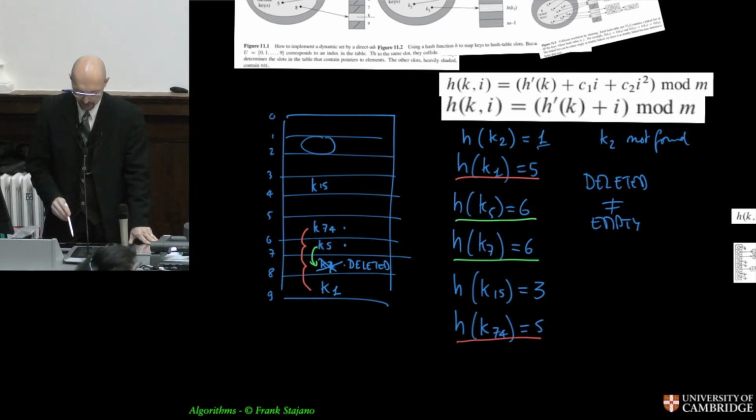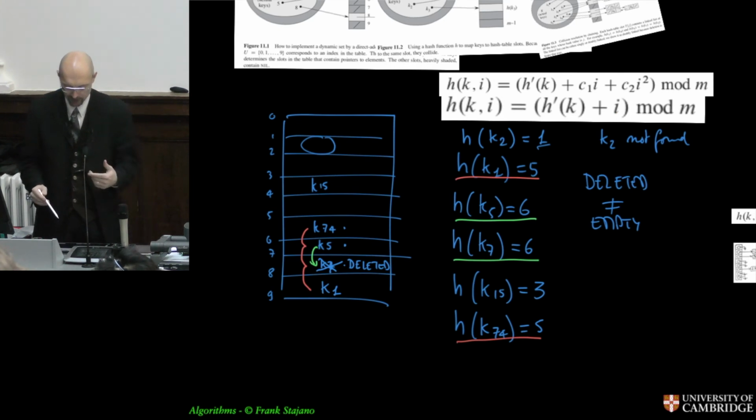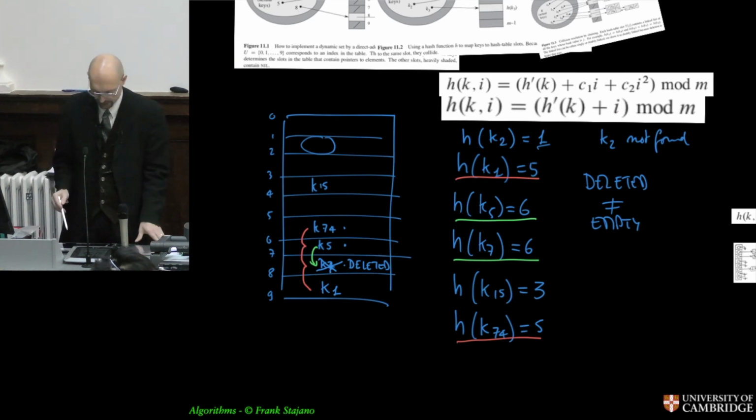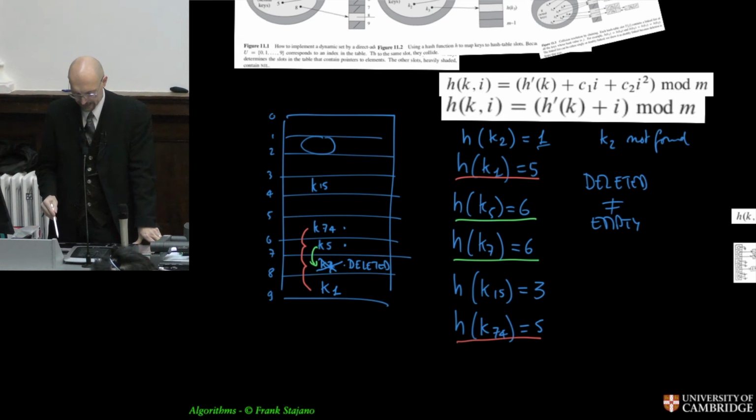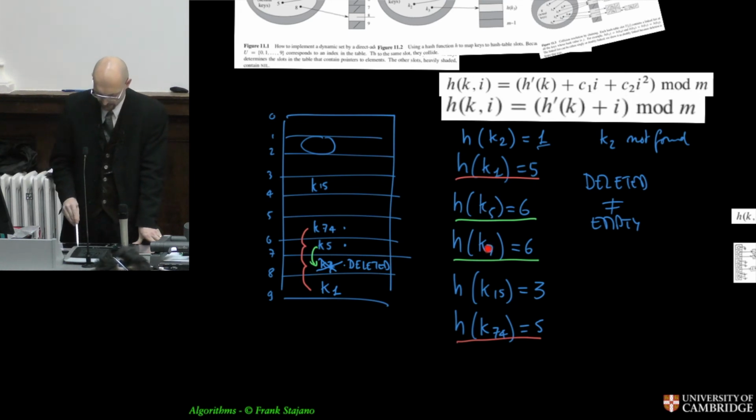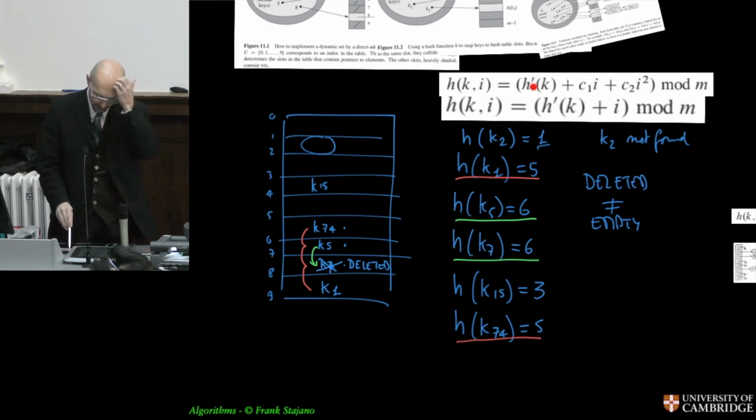This is something that gives much better performance than this probe sequence here of linear probing, but it still has the trouble that two values like, in our case, K5 and K7, because both of them hash to the same thing, they would have this base in common, and the offset depends on the number of probes that I'm doing.